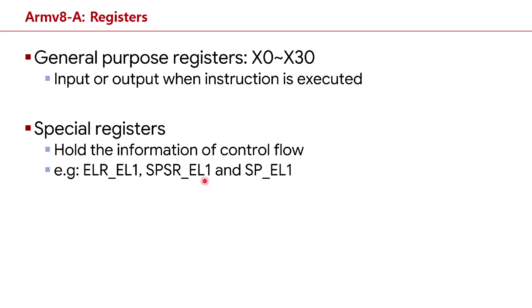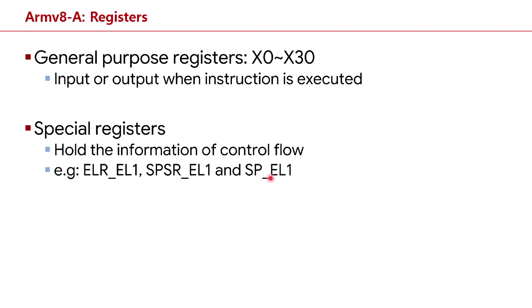That is, when the exception is taken to exception level 1, the address at the moment of the exception is stored in one register, and the backup of the previous p-state is stored in the SPSR-EL1 register. So if you read the values of these two registers, you're going to see what happened at the moment of the exception. From a debugging perspective, if you debug your own device driver or your own system, checking the values of these registers is extremely important.